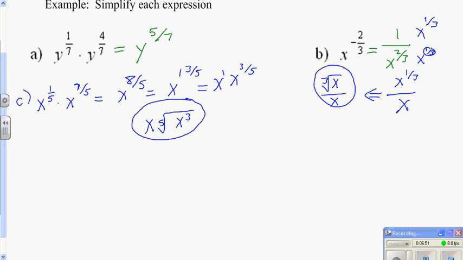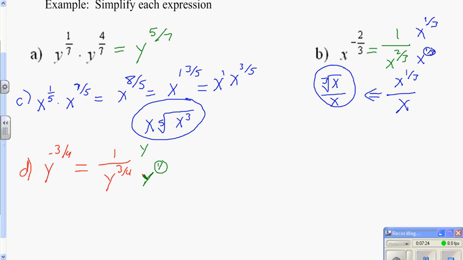D is y to the negative 3/4. Same rule applies. That must go in the denominator. Now, y to the 3/4 times y to what power will give you 1 for a power?